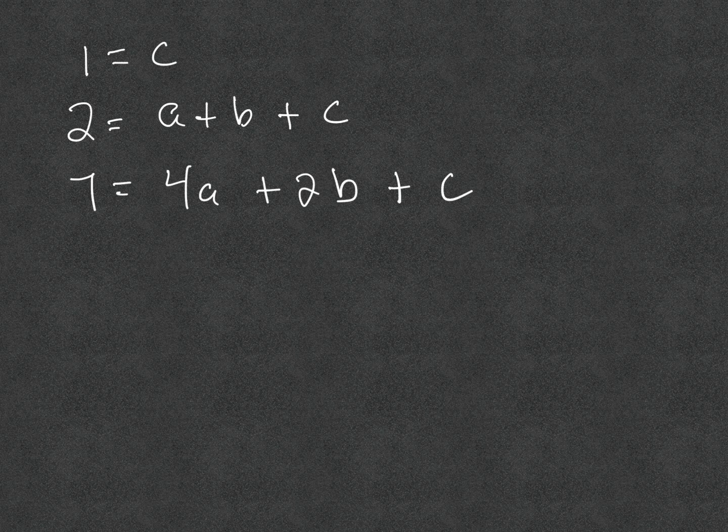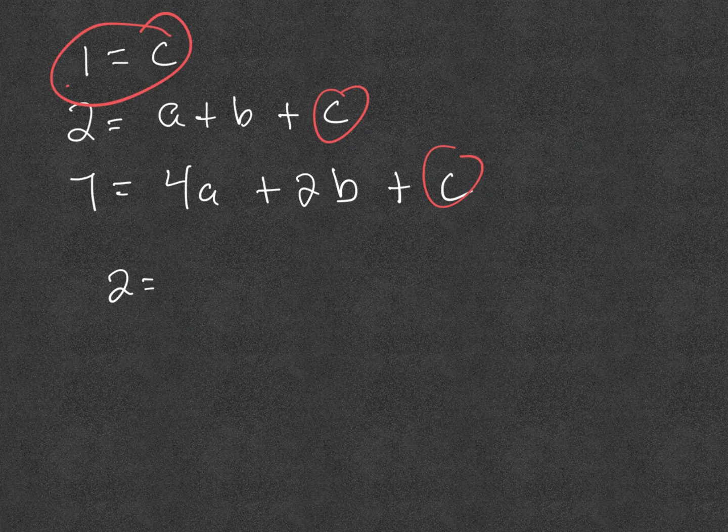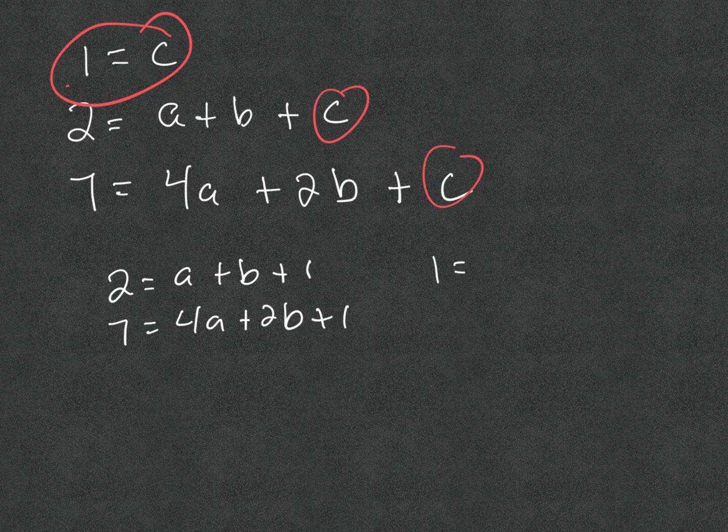Well, to make this easier on me, I can put that c in for the c here and the c here. So I'm going to get 2 equations, 2 unknowns. I'm going to have 2 is equal to a plus b plus 1, and I'm going to have 7 is equal to 4a plus 2b plus 1, or 1 is equal to a plus b, and I know that 6 is equal to 4a plus 2b.